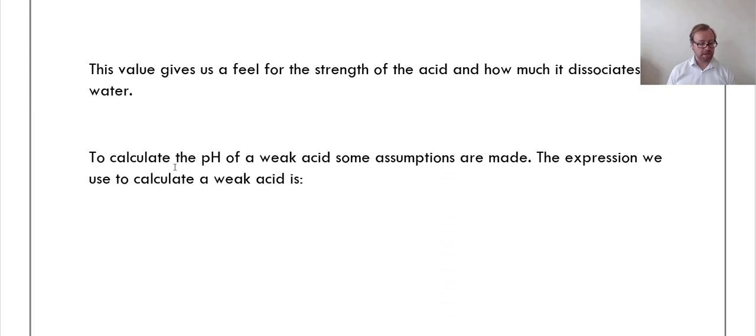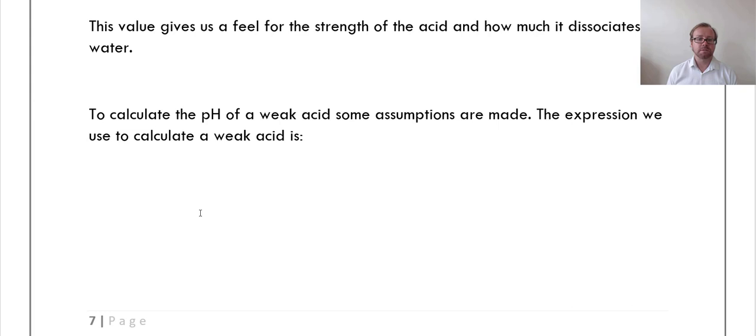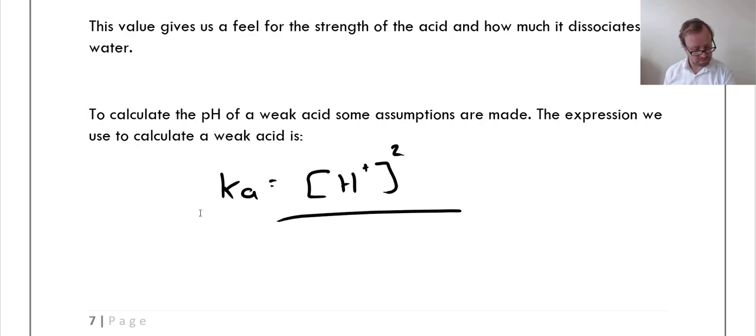Okay, so to calculate the pH of a weak acid, some assumptions are made. The expression we use to calculate a weak acid is Ka equals H+ squared over the concentration of the acid.